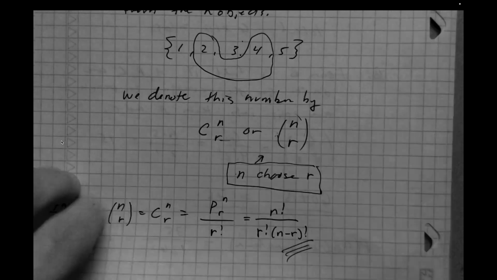Now we can very easily prove this, especially given the things that we already have looked at, right? And the proof is straightforward. It basically says selecting r objects from n objects is equivalent to partitioning the n objects into 2 groups, right?